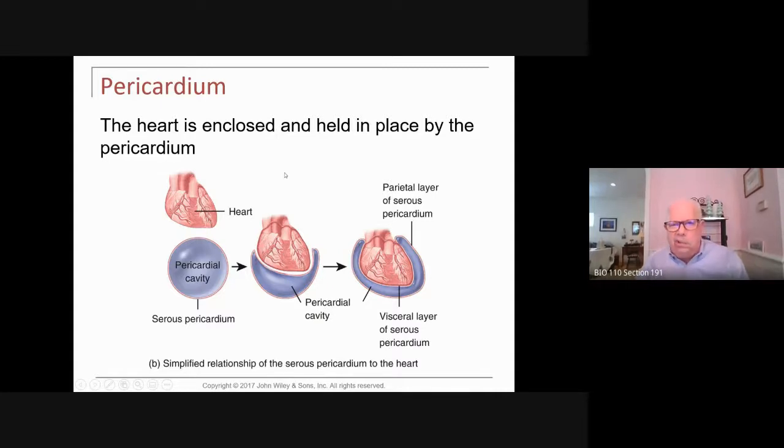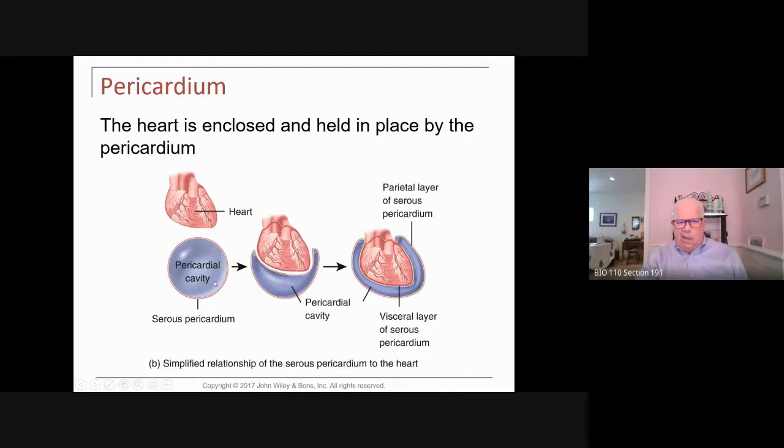It's enclosed by a serous membrane. The serous membrane that encloses the heart is called the pericardium. All serous membranes are 2 layers. The parietal layer lines the cavity, and the visceral layer surrounds the organ of the heart. In between those 2 layers is serous fluid to prevent friction.